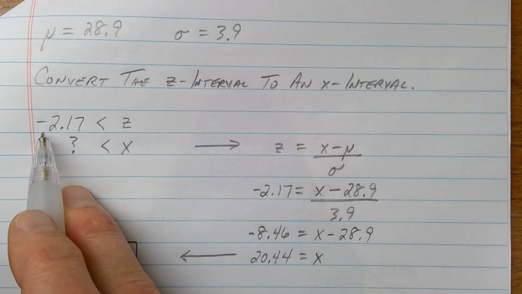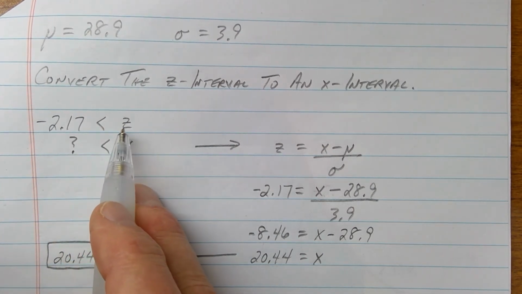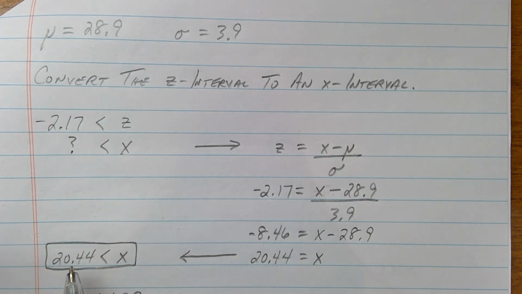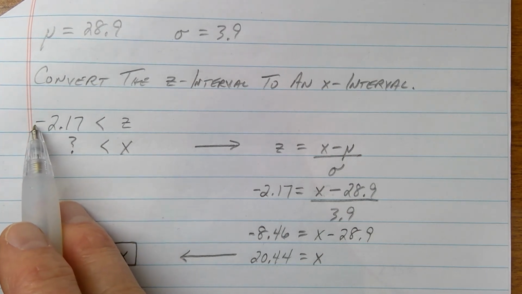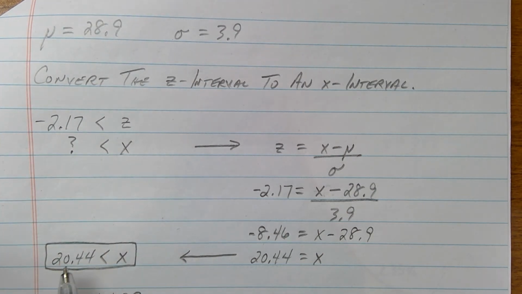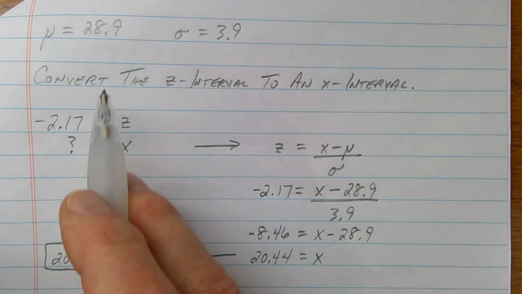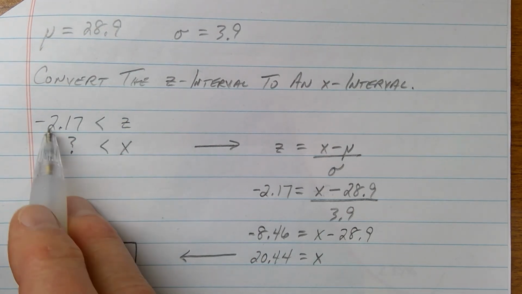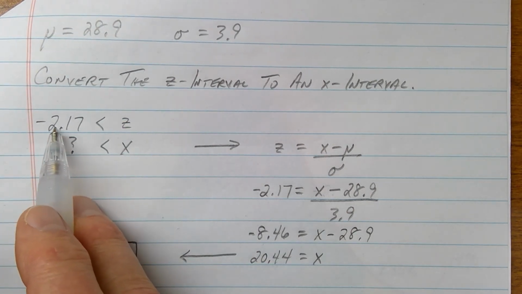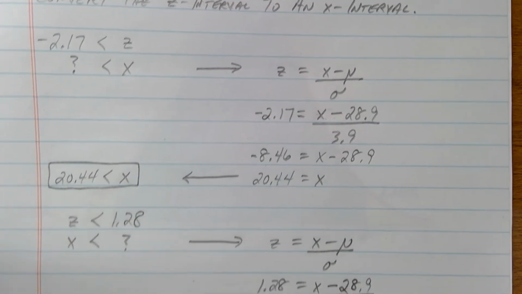So saying that negative 2.17 is less than z is the same thing as saying 20.44 is less than x. If they scored over 2 standard deviations below average, that means they scored like a 20.44 on the quiz. Remember, the average score was 28.9. They scored a 20.44. That was pretty low. It was over 2 standard deviations below average.